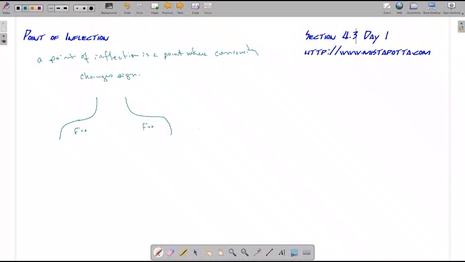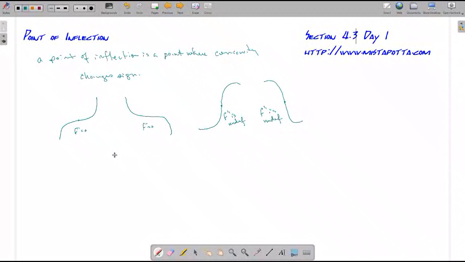But another way that I can actually have that happen is if the second derivative is undefined. In other words, I almost have a vertical tangent there where my second derivative is undefined.